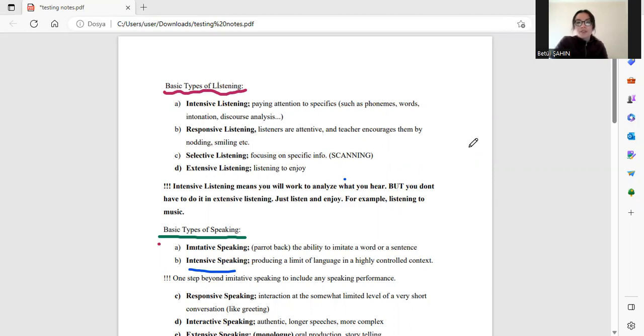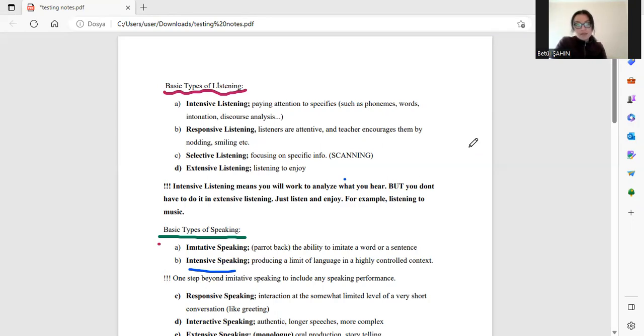For example, a teacher encourages the students by nodding, smiling, or using some expressions. For example, we can say, I see, okay, uh-huh, you're right, etc.